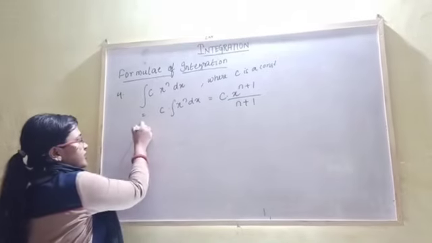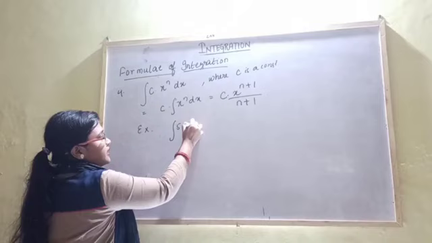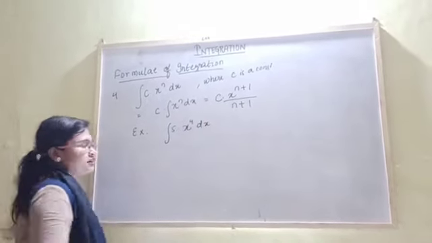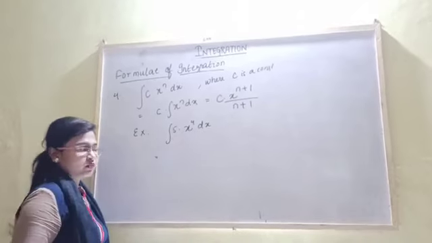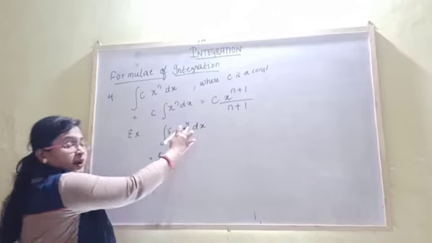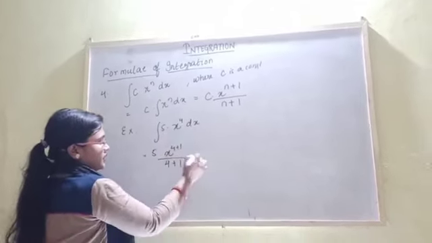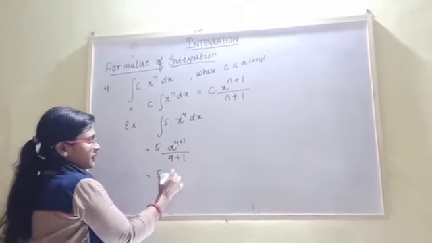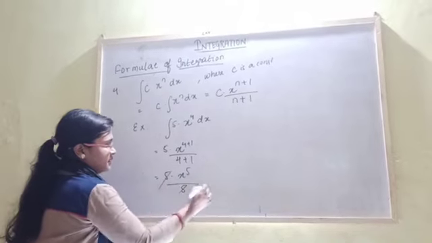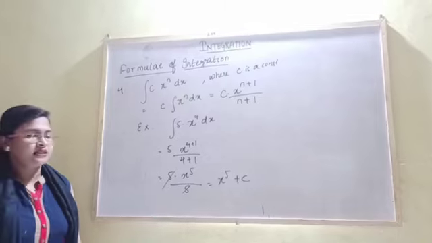Clear? For example, integrate 5 x to the power 4 dx. According to the formula, this is 5 times x to the power 4 plus 1 divided by 4 plus 1. That equals 5 x to the power 5 by 5. The 5s cancel, giving x to the power 5 plus c, where c is the integral constant.